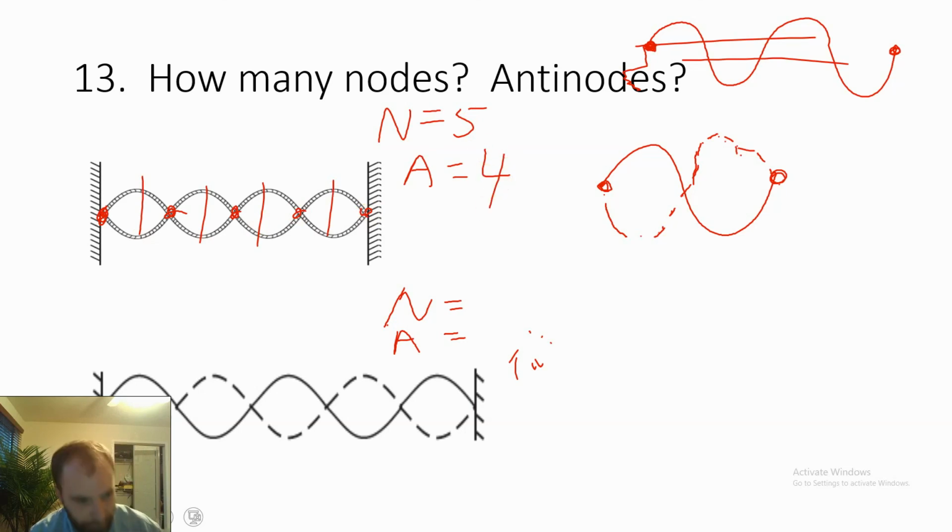That's it. For the nodes on this one, we've got 1, 2, 3, 4, 5, 6 nodes, and then 1, 2, 3, 4, 5 antinodes. I hate to say always, but usually there will be one more node than antinode. At a more advanced level of physics, that's not true, but for us, it's a pretty good rule of thumb.